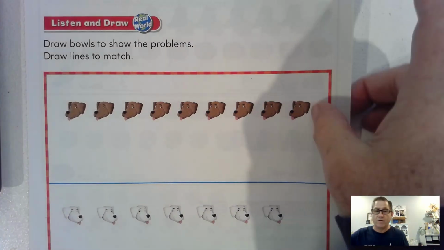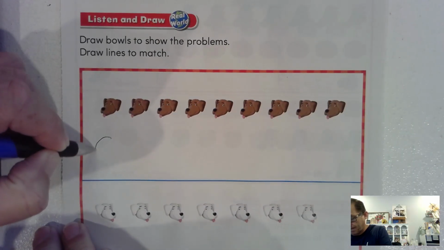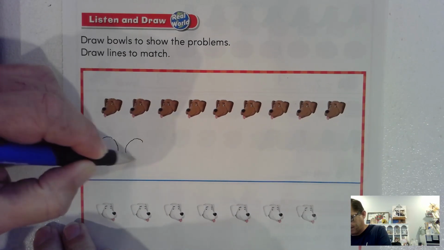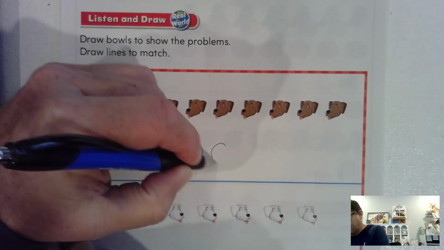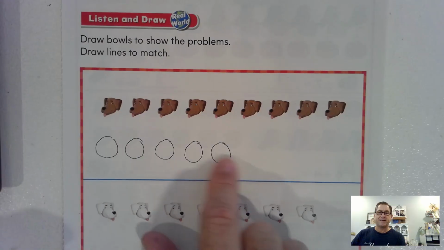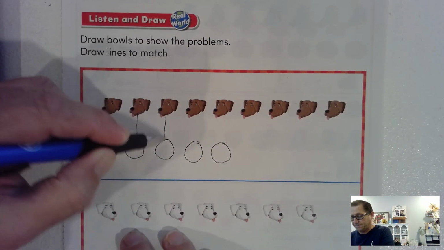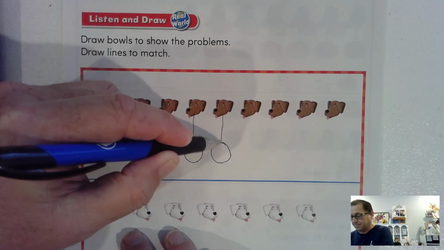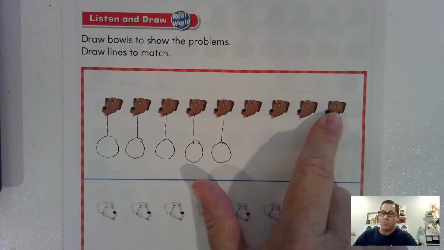Okay, so we need to draw 5 bowls, right? Okay, and try to make them underneath each of the dogs so it's easy to connect them to match. All right, so how many more dogs need a bowl? 1, 2, 3, 4, right?